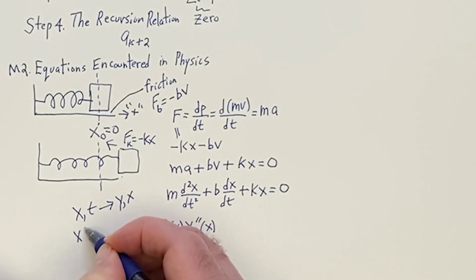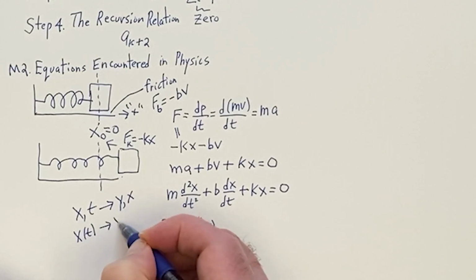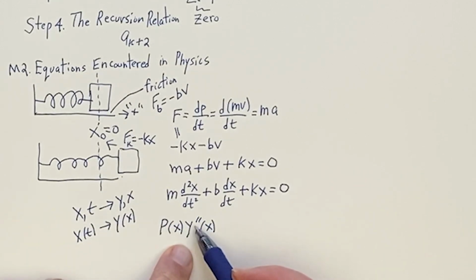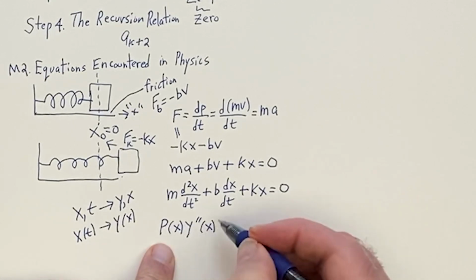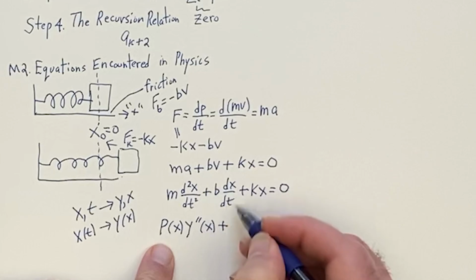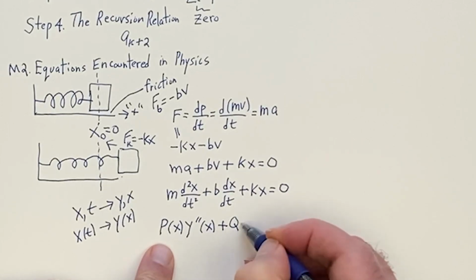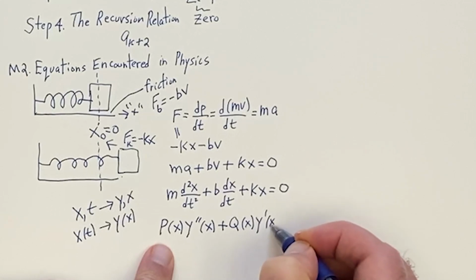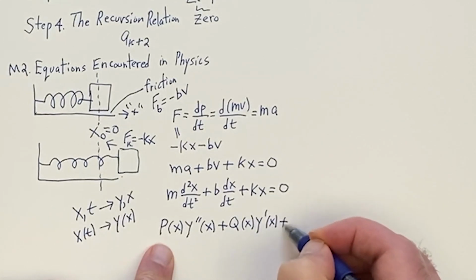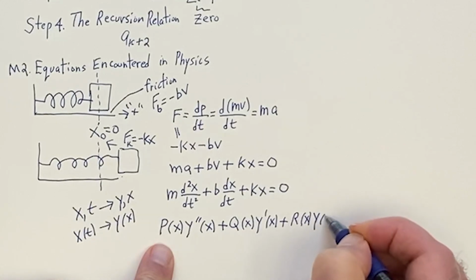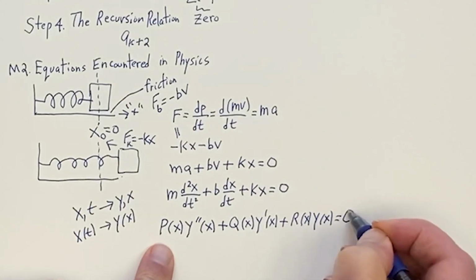In other words, instead of x as a function of t, we'll have y as a function of x. So that means there'll be a second derivative term with some stuff in front of it, plus some stuff in front of here with the first derivative, and then some stuff in front of there with the function.